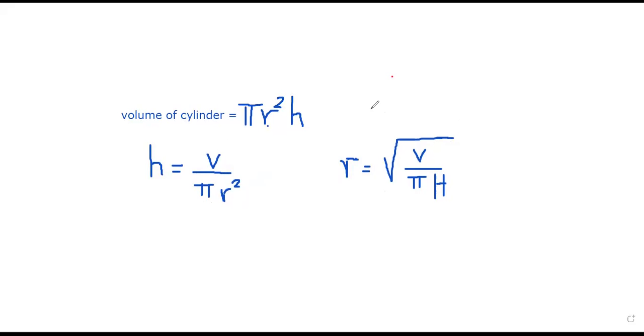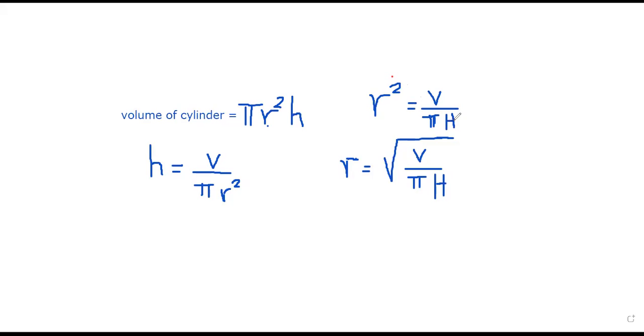Or from the beginning, if you want to find R squared equal V over pi times h, and by the end, once you find the answer, you can put the answer under the radical sign or under the square root.